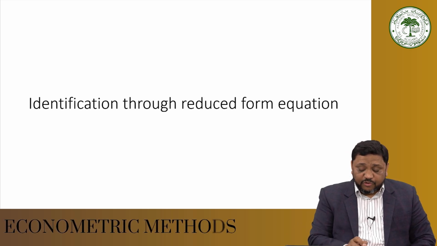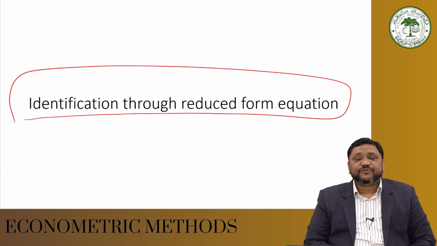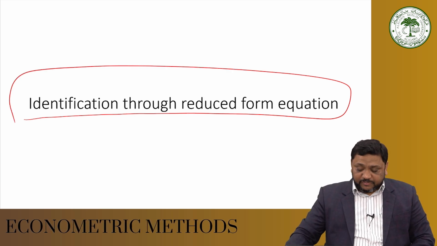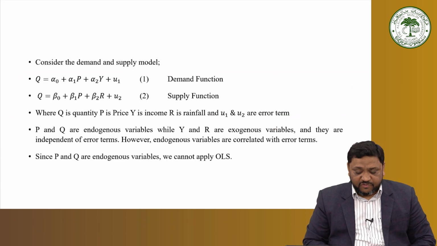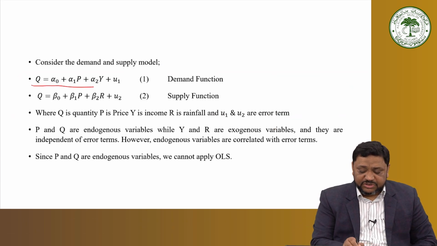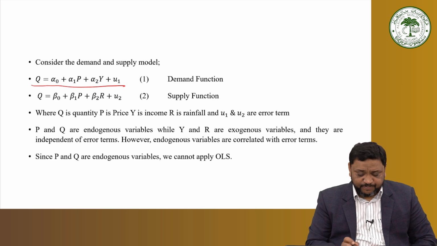Now we go for the identification of the reduced form equation. Let us take one of our models, that is Q is equal to alpha naught plus alpha 1 P plus alpha 2 Y. P is my price, Y is my income, and this is my demand function.